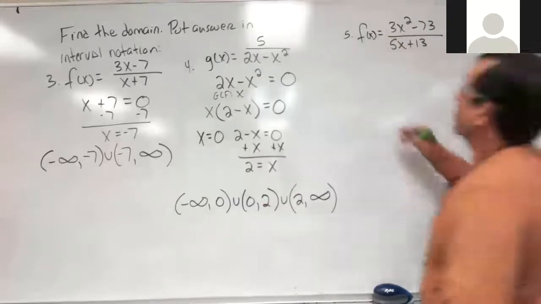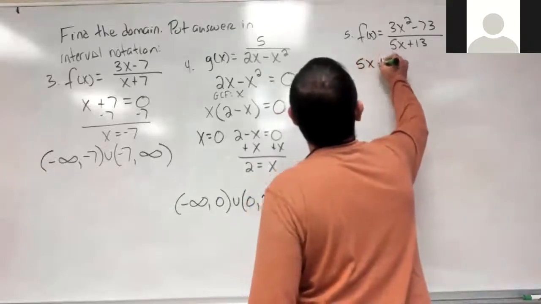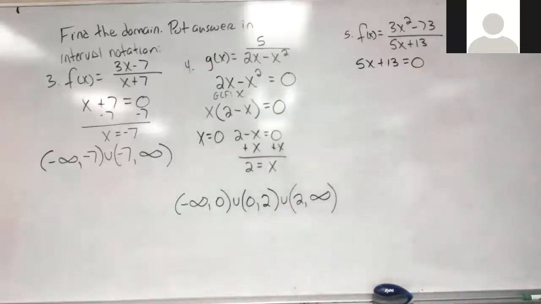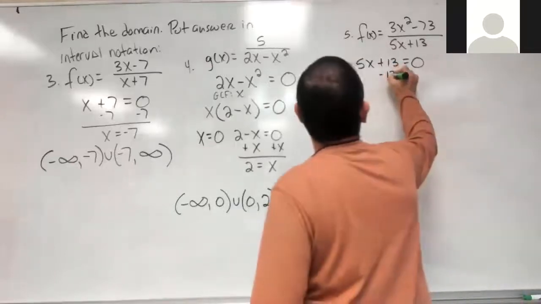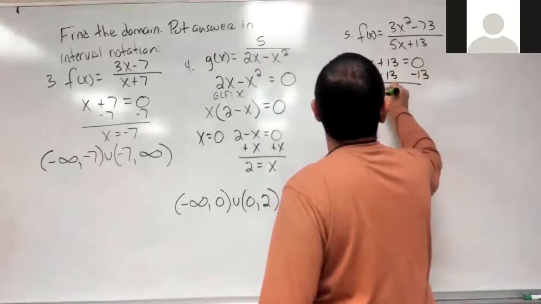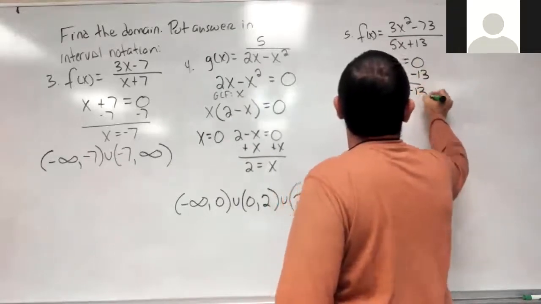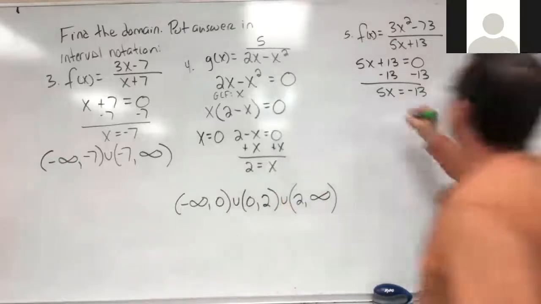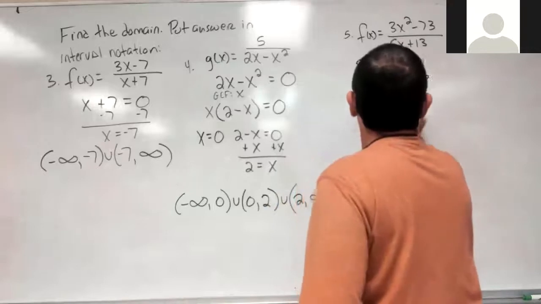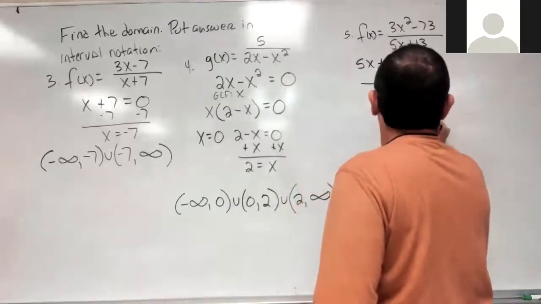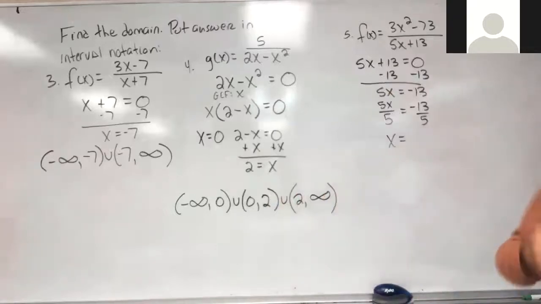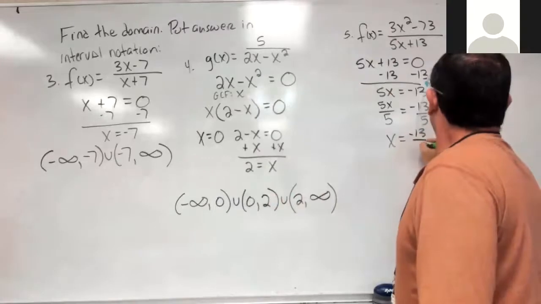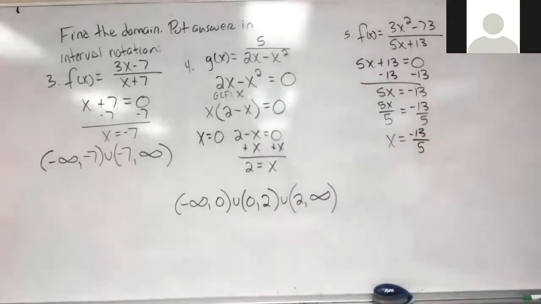Do my 5x plus 13 equal to 0. 5x equals -13. So subtract the 13. And then once again, I'm only going to get one answer on this one. Divide by 5. And it don't look like that's going to reduce any, right? So that's going to stay a negative 13 over 5, okay?